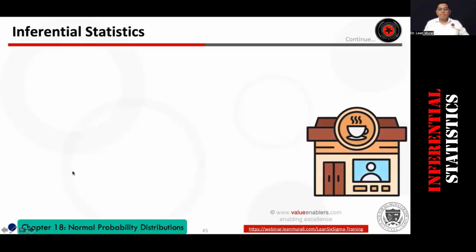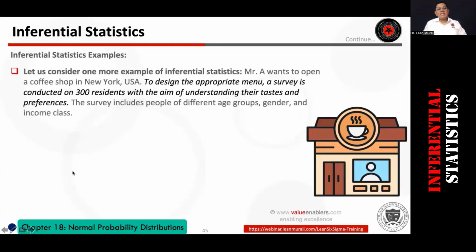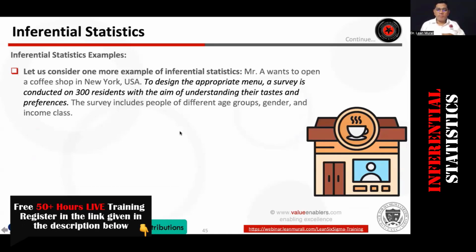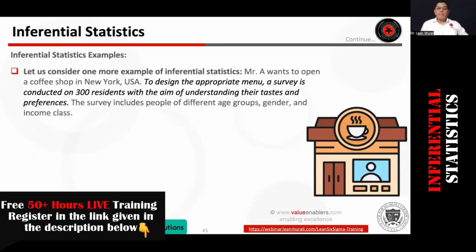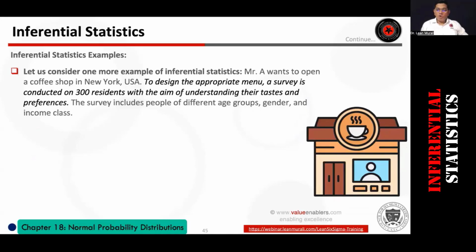Even let's say that there is a coffee shop. Mr. A wants to open a coffee shop in New York. To design the appropriate menu, he conducts a survey of 300 residents with different tastes and preferences. The survey includes people across gender, age groups, and income class.